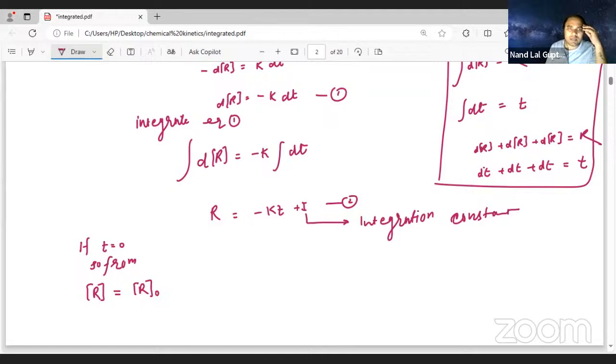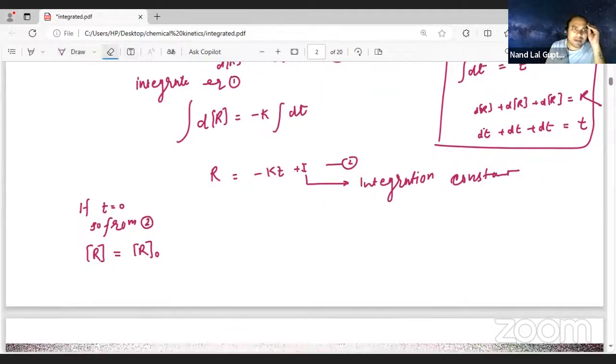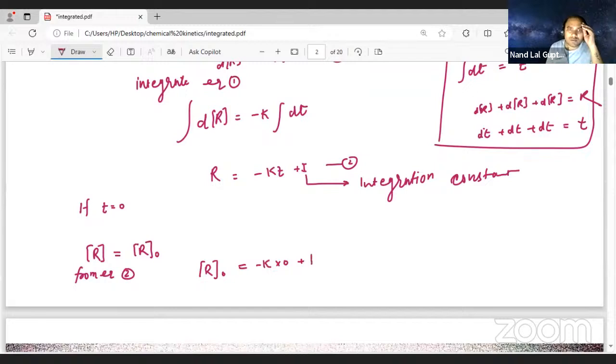From equation 2, at the place of R I am putting R naught: R naught is equal to minus k, time equal to 0, plus I. So this term will become 0. So R naught is equal to I. This is equation 3.